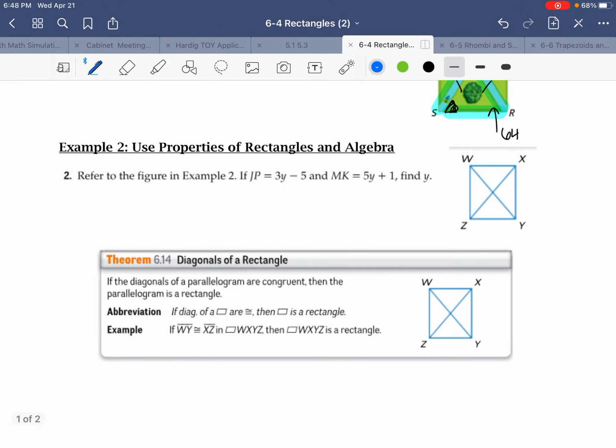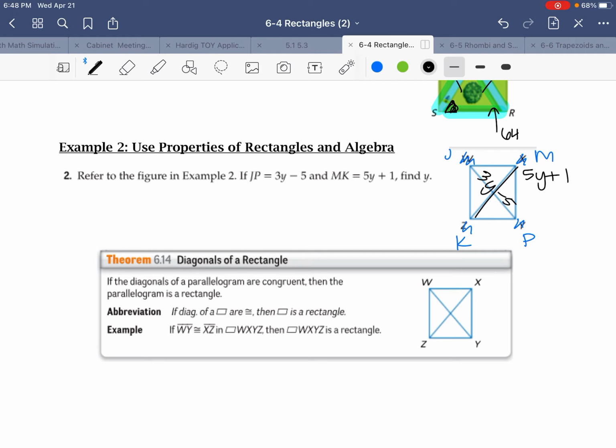When we look at example 2, now we're going to use the same properties but use some algebra with it. We are given that JP is 3y minus 5 and MK is 5y plus 1. So we're actually going to rename this rectangle JMPK, so our letters match up. And they tell us that the entire diagonal of JP is 3y minus 5, and then the entire diagonal of MK is 5y plus 1.